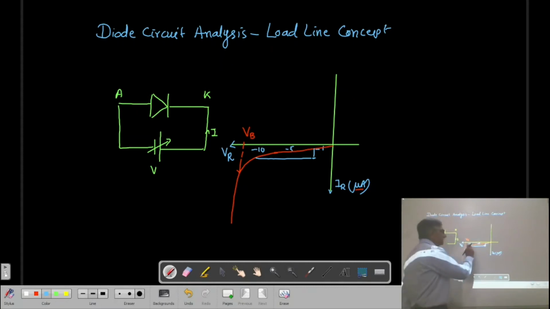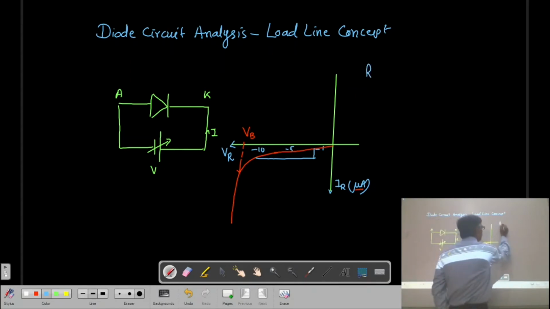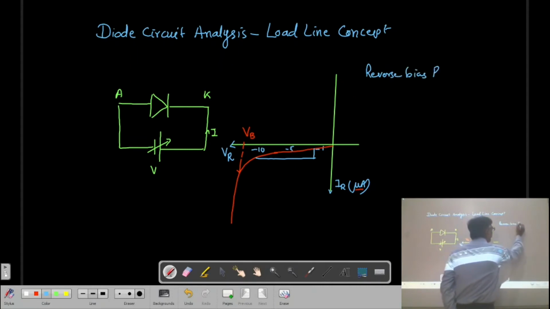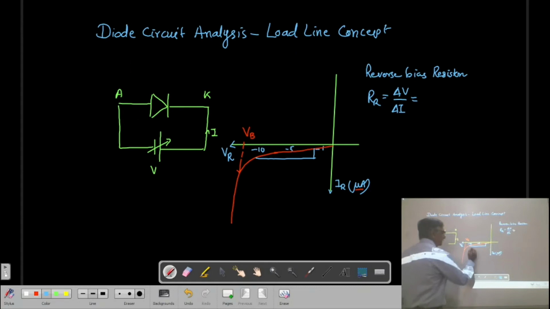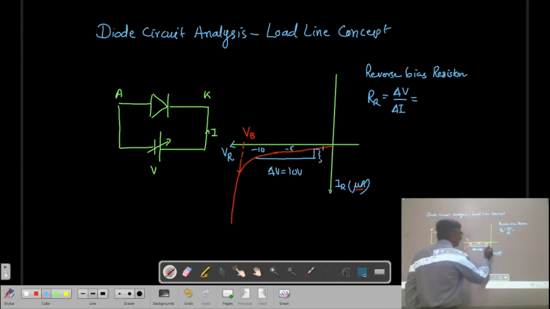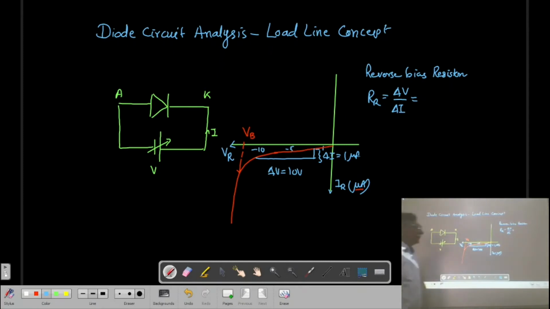So you have to find the slope of the diode in this region, and that gives the reverse bias resistance, known as RR, which is delta V by delta I. Let us say this change in voltage delta V is 10 volts and delta I is 1 microampere.